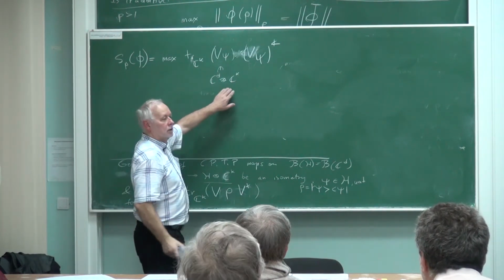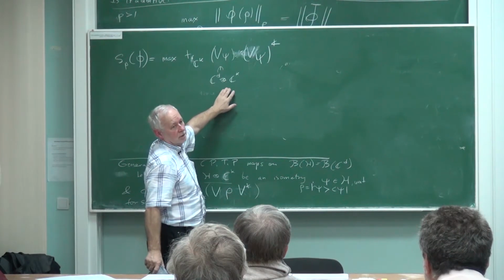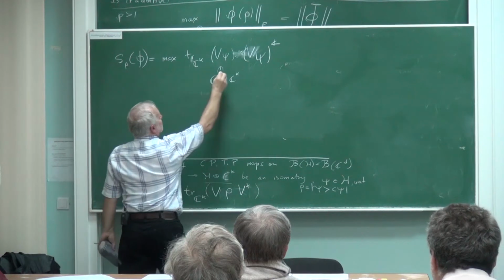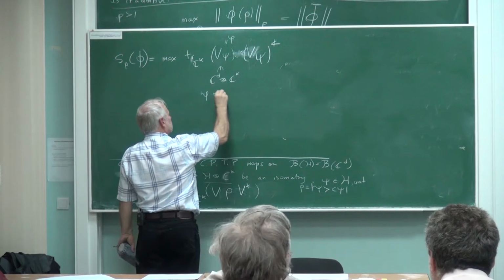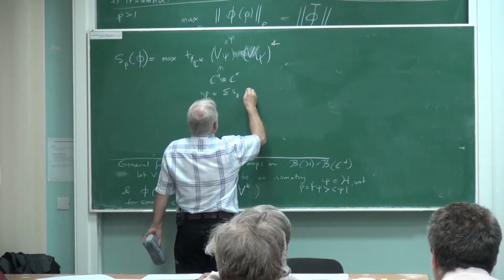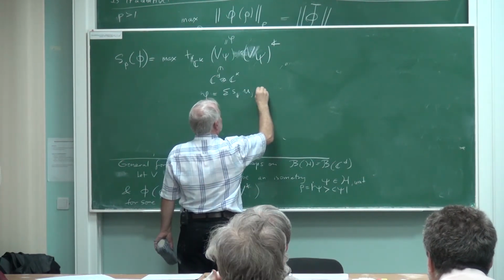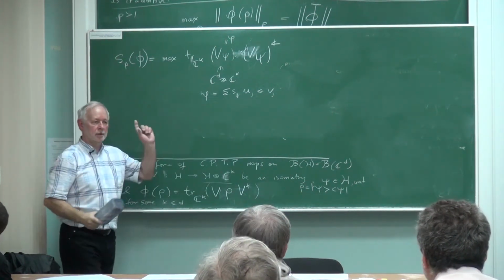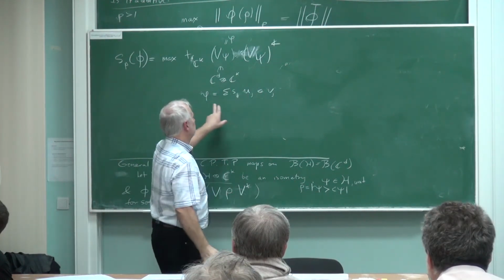There is an analog of the singular value decomposition, which is called the Schmidt decomposition, which tells you that any vector, let's call it phi, maybe lowercase phi, can be written as the sum of s_j u_j tensor v_j.